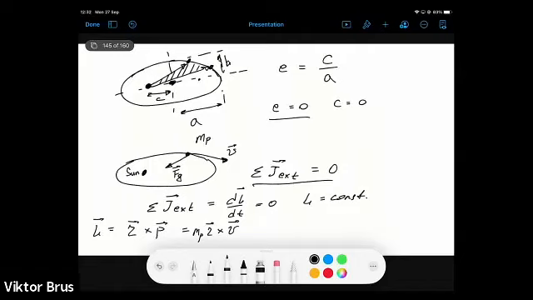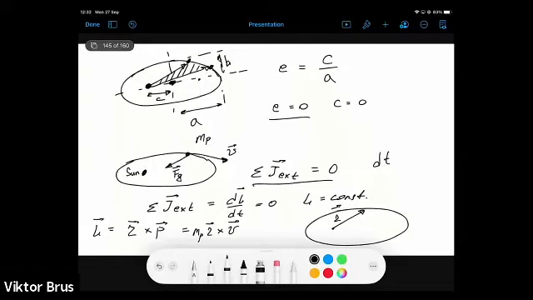So in a time interval of delta t, if we look here again on this elliptic trajectory, here is our vector r.